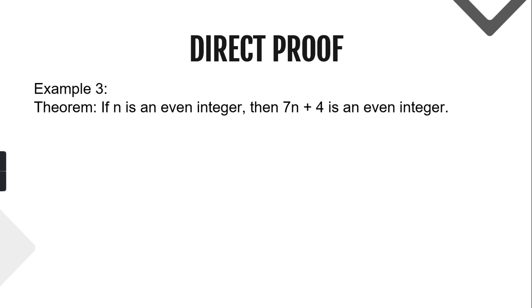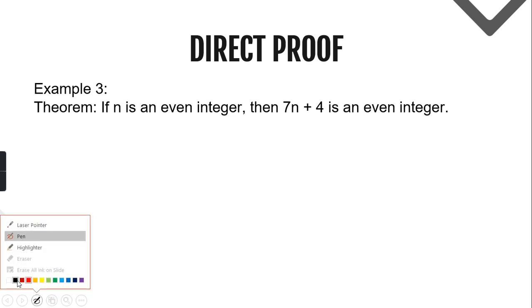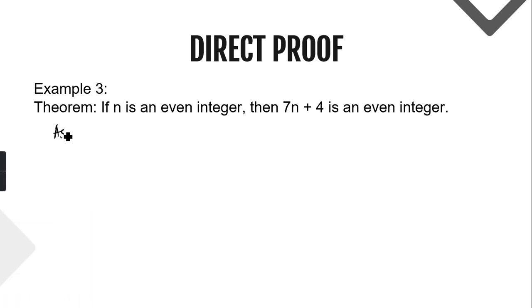Ayan. Okay, so for example number 3, so ang ating P statement dito is n is an even integer. So assume, ayan, palitan ko, wag red. Ayan. Assume that n is an even integer.